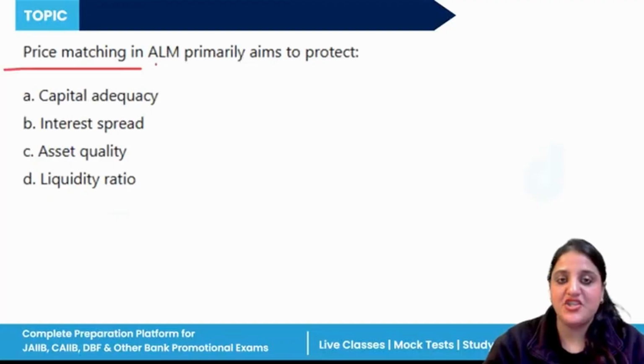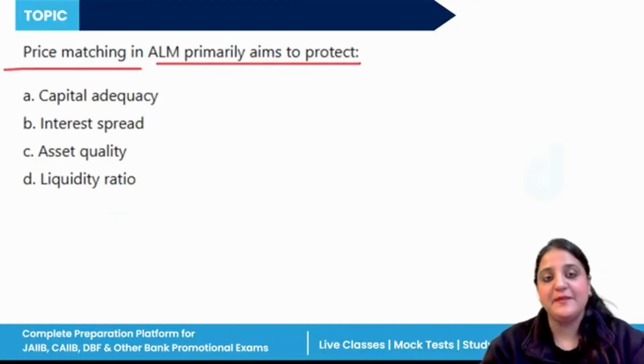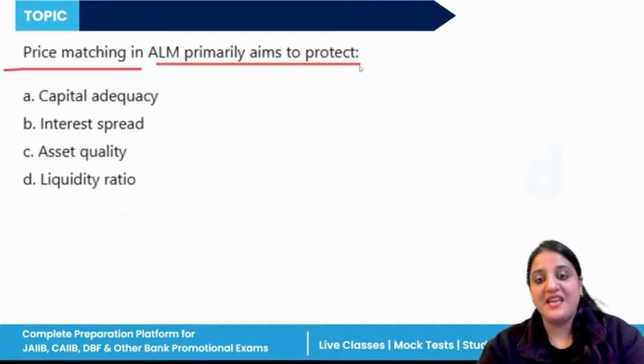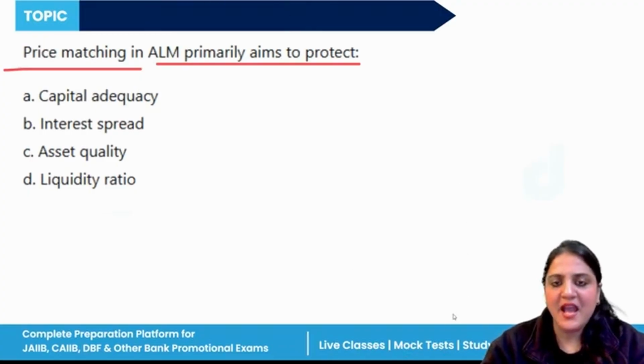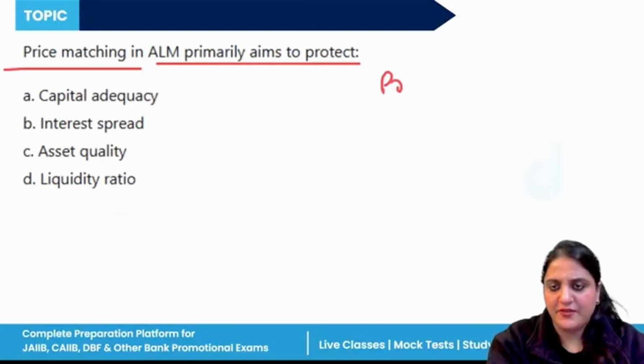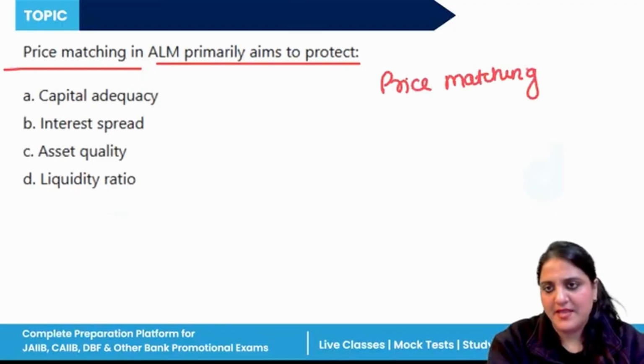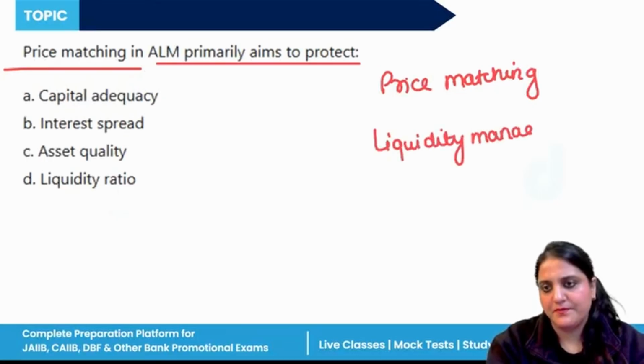Now, pricing matching in ALM primarily aims to protect what? See, ALM has two objectives. First one is pricing matching and second one is liquidity management.